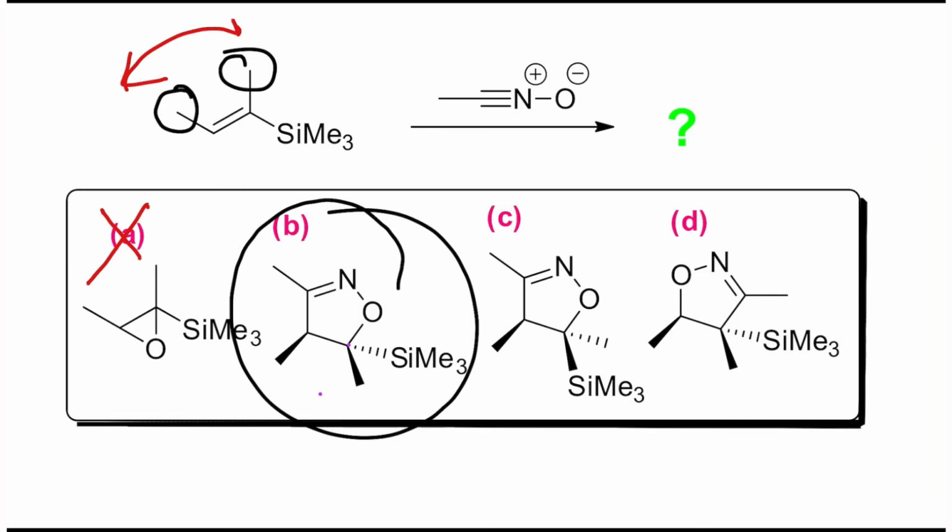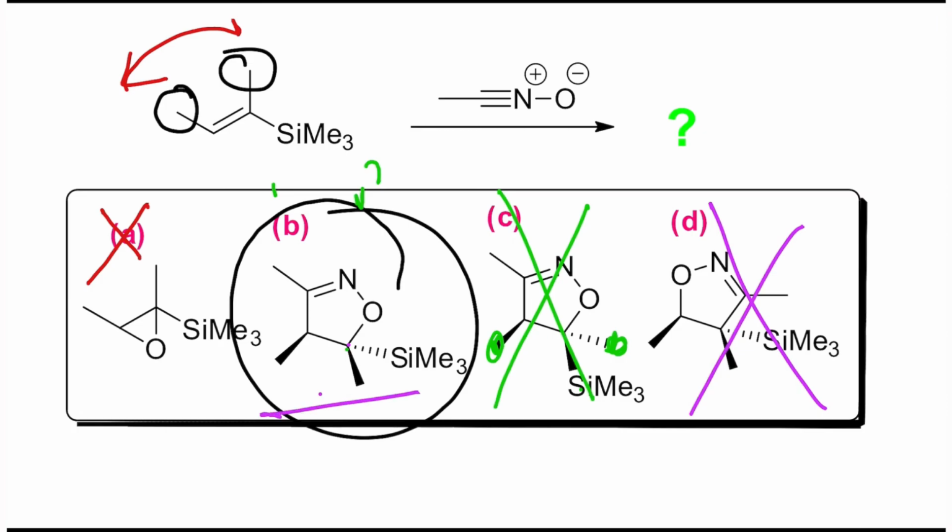Option B and option D. So A and C are gone, because here silicon and carbon, this carbon and this carbon, are anti, so this is gone. Now this reaction happens in this orientation, meaning oxygen goes closer to the silicon attached carbon, so this is gone. In this way we will have the right answer.